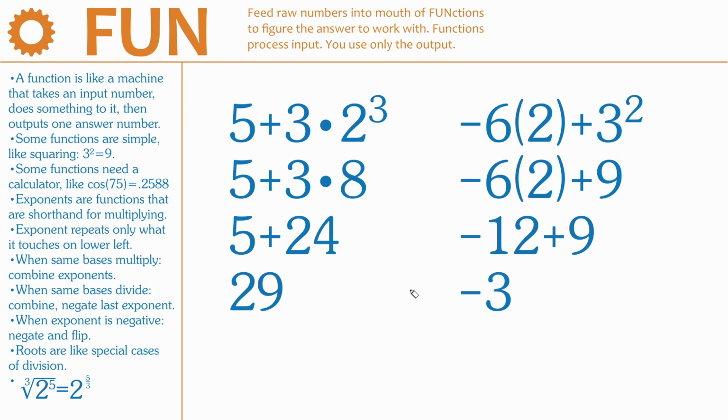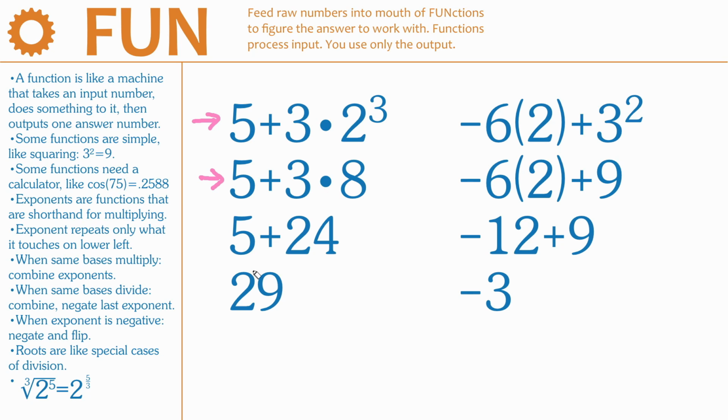So our first thing is functions. I look at my problem up here, and I look for any functions, and I see one. I see that 2 to the third power. So I bring everything else down, and on this line, the only thing I've done is functions. So 2 to the 3 becomes 8. I bring everything else down.